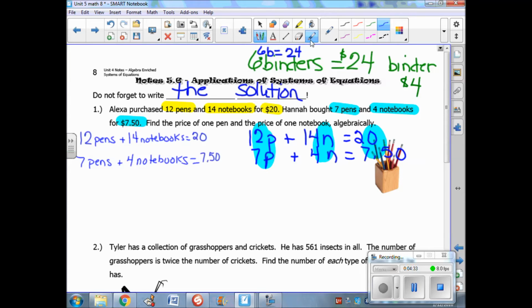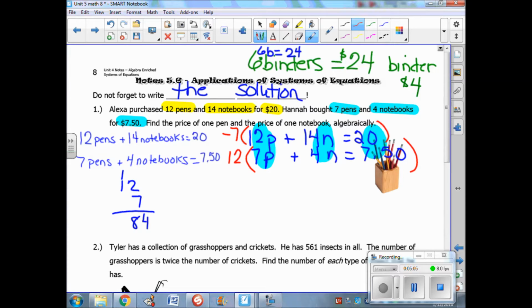I think I might just go to 12 times 7, which is 84. Holy smokes! So we've got to make an 84 and a negative 84. I'm going to multiply my first equation by negative 7, which will give me a negative 84 on the top. Then I've got to multiply my bottom equation by a positive 12, which will give me a positive 84.